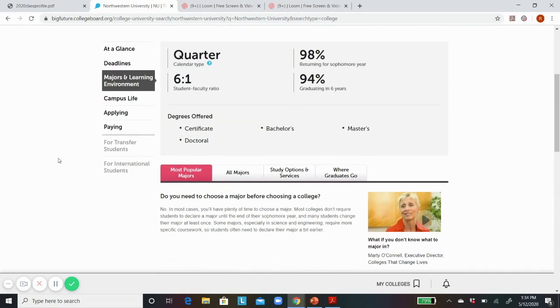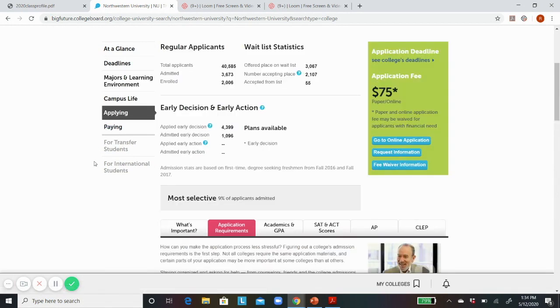Now, in addition, you can also go to the Applying tab. This has some very good information, some of what we saw on the freshman profile for the other school we looked at, but the total number of applicants, the number admitted, obviously that will tell you how competitive and how selective the college is.